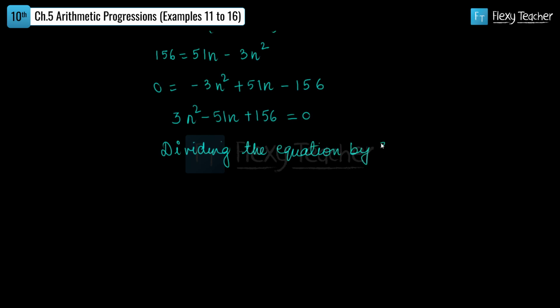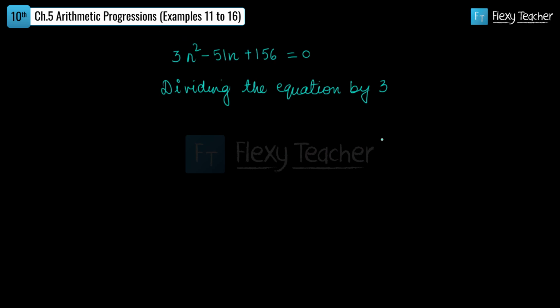उससे क्या होगा, ये जो हमारी इक्वेशन थोड़ी सी और सिंप्लीफाइड फॉर्म में आ जाएगी. So when you divide 3n square minus 51n plus 156 equals 0 by 3, you get n square minus 51 upon 3 is 17, 17 3s are 51 plus 3 5s are 15 and 3 2s are 6 is equal to 0.